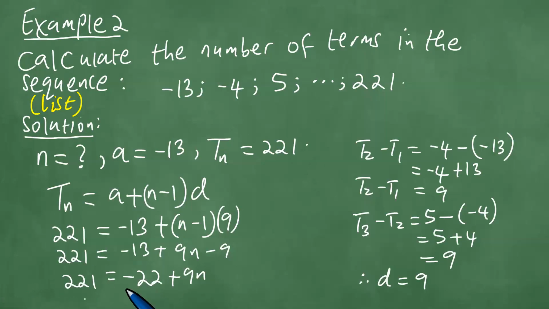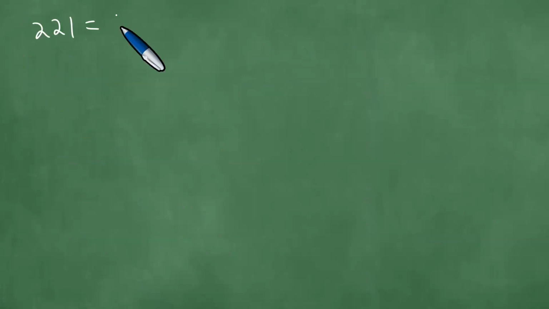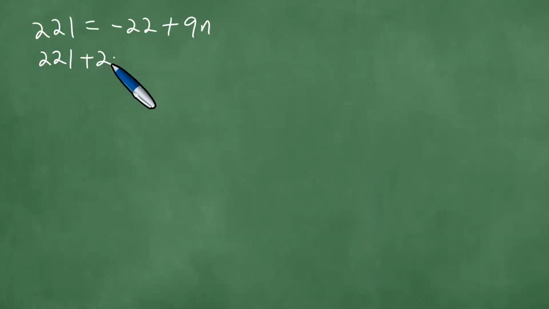So we have 221 equals minus 22 plus 9n. Then we can transpose this minus 22, and it becomes positive. So we have 221 plus 22, which is 243.